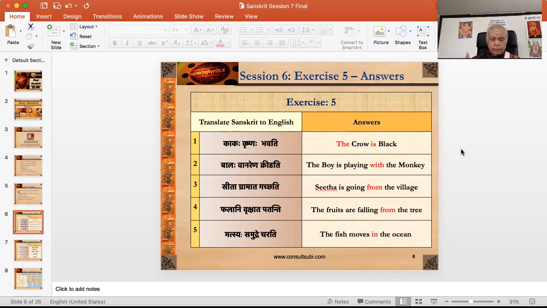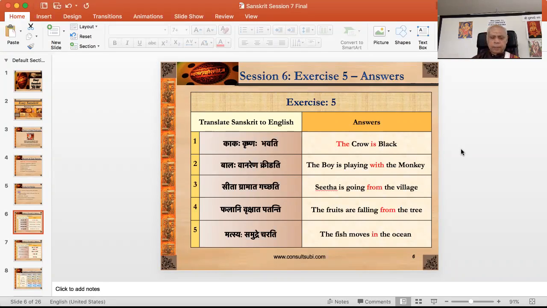But Gramat. So that is very important to understand. The at means from. Sita is going from the village. Most of you have got it wrong. So I want to point out when you say Gramat, it is from.